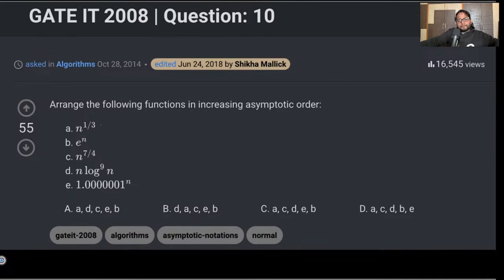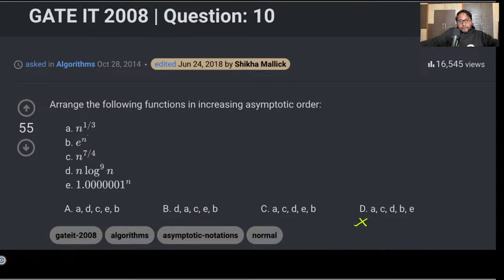Can you arrange them? They are saying increasing order. This is n power something, this is n power something, and I think this b^n will be the largest one. So D is anyway a rejection.